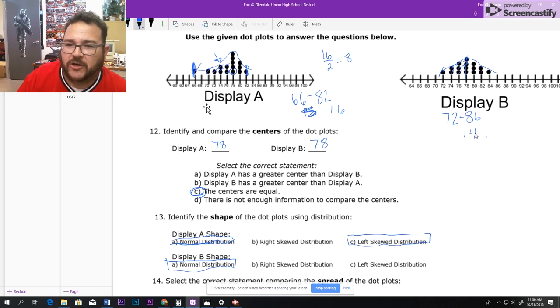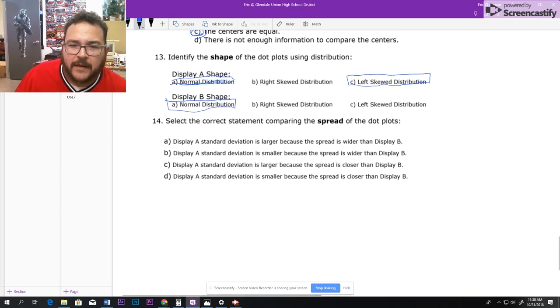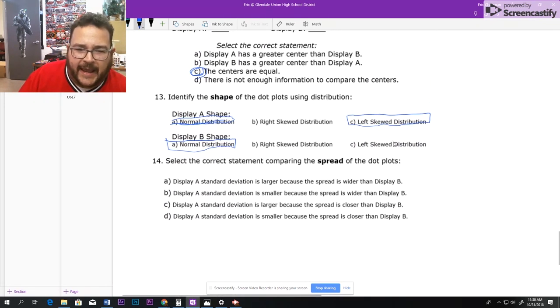Okay, so which of these has a larger spread? Display A does, so that means the standard deviation of A is larger than the standard deviation of B. Okay, so display A is larger than display B.